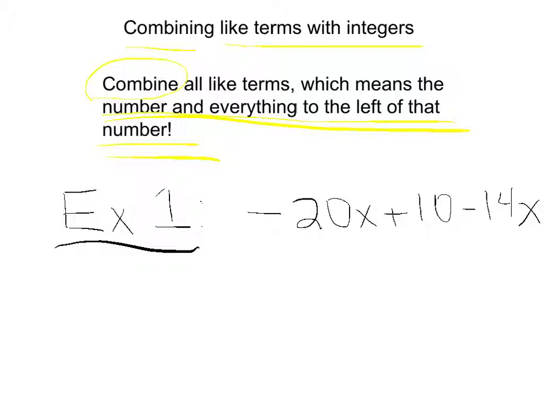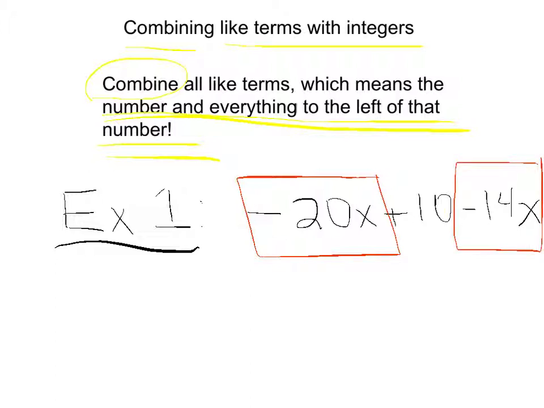into its lowest terms. So, what I'm going to do is I'm going to put a red box around the first term, negative 20x, and negative 14x. 10 is not like negative 20x and negative 14x because it does not have the x variable with it.